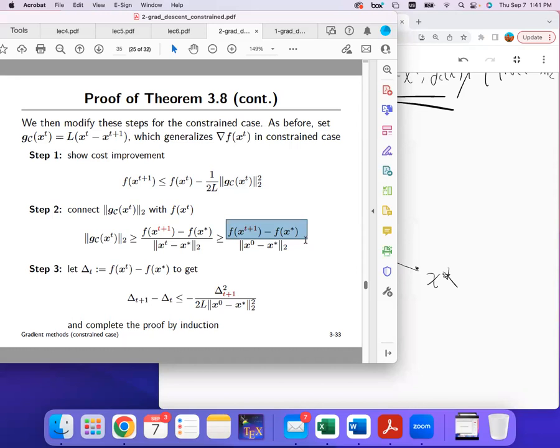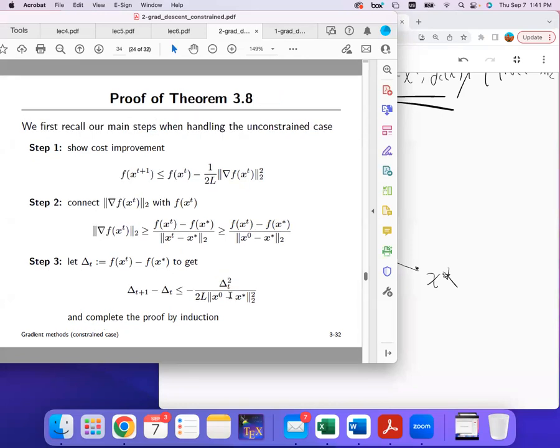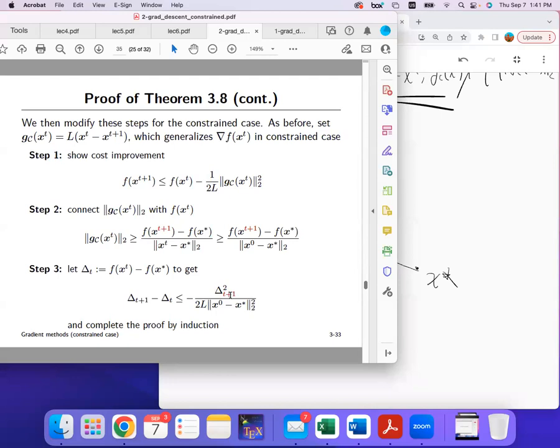And here it's t+1 instead of t, but when you combine these 2 steps, we will establish such a recursion. In this recursion, here is delta t+1, whereas in the previous recursion, we only have delta t. But this will not lead to a significantly different result. They are more or less the same. So on the big picture, it's just replacing the gradient by the generalized gradient in a proper way.